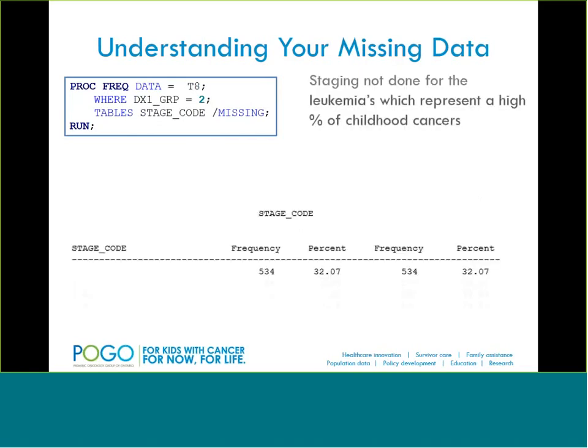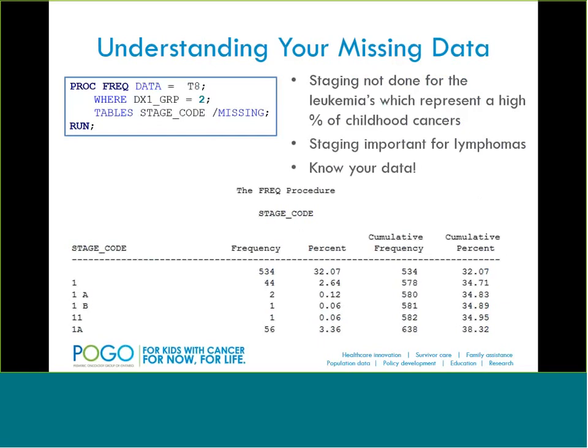So in theory, I should have almost all of the staging information for the lymphomas. So SAS will only run the frequency output for the variable staging on observations that satisfy the diagnosis group value of 2. Now I know that staging is truly missing for 534 patients because that variable is applicable to lymphomas since it's a staging disease.